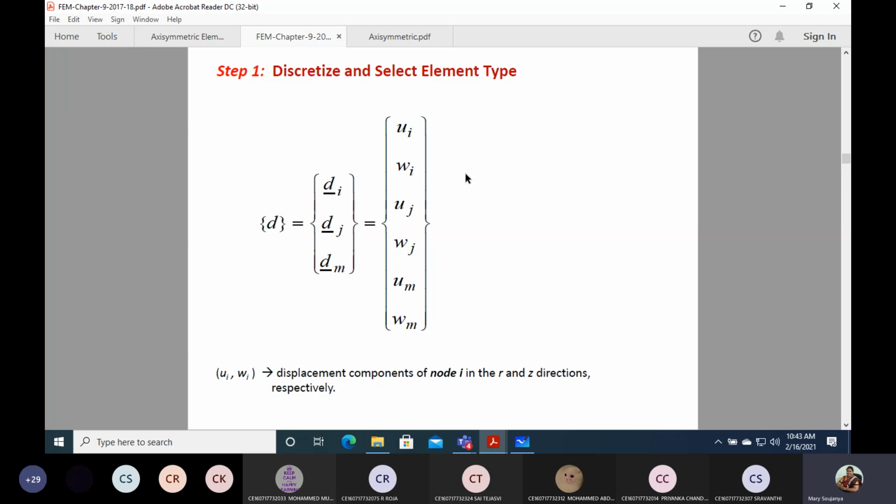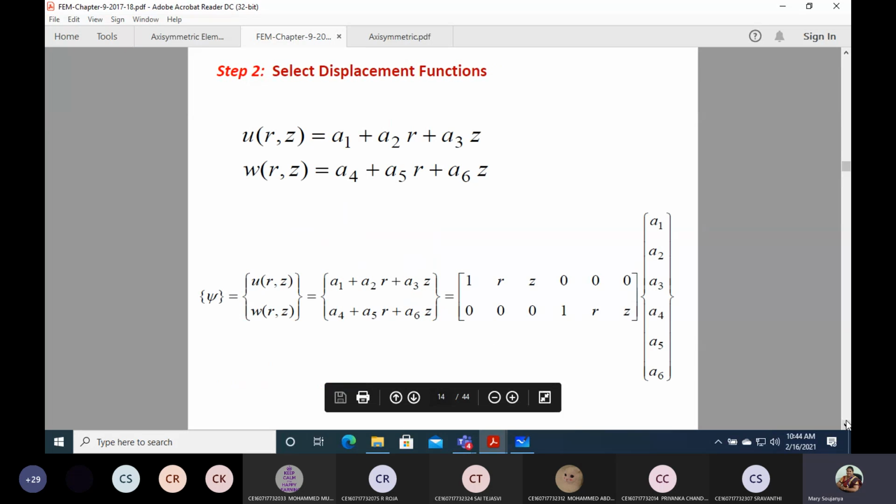Here theta is 0, so there is no v. So ui wi, uj wj, um wm at respective nodes I, J, M. This is the elemental nodal displacement matrix.